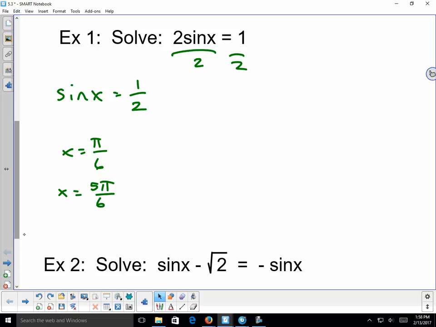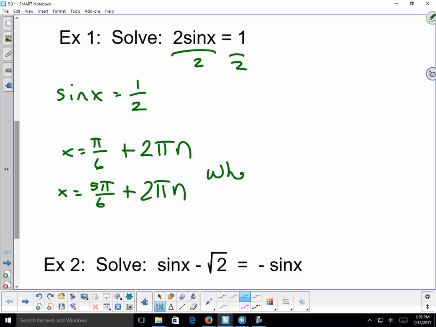We want to say pi over 6 plus 2 pi n, because every time we add 2 pi or 4 pi or 6 pi or 8 pi, we get back to this same place on the unit circle. Everybody with me? So we say pi over 6 plus 2 pi n, and 5 pi over 6 plus 2 pi n, where n is any integer.